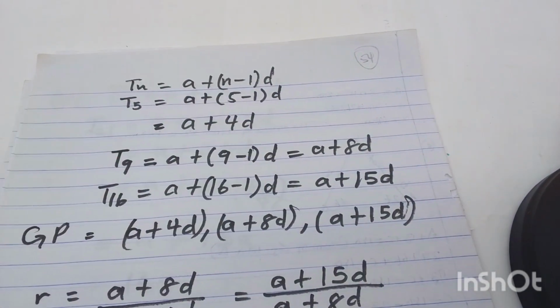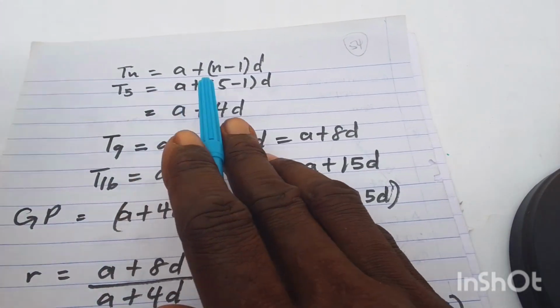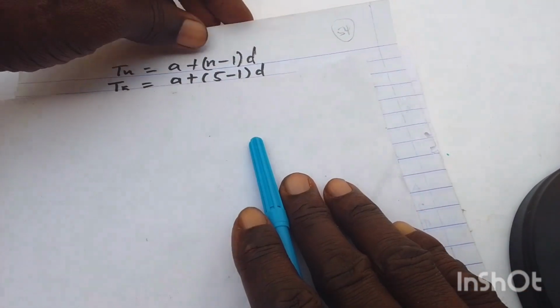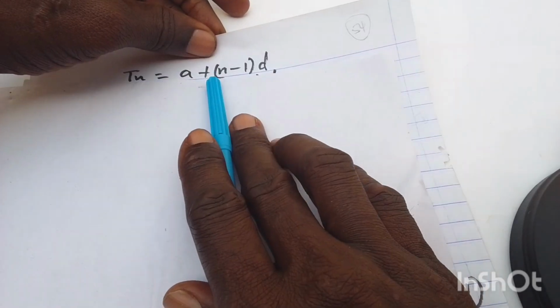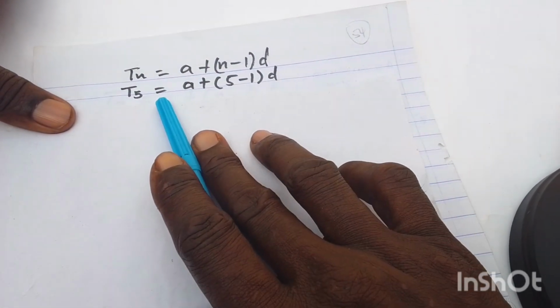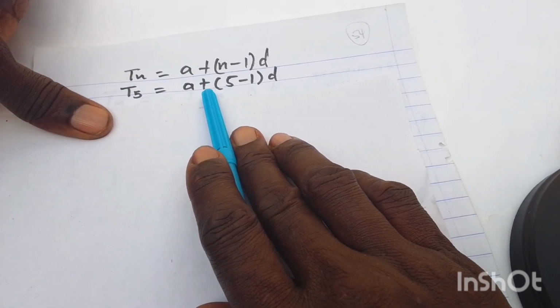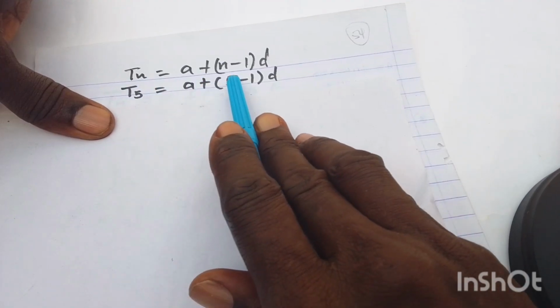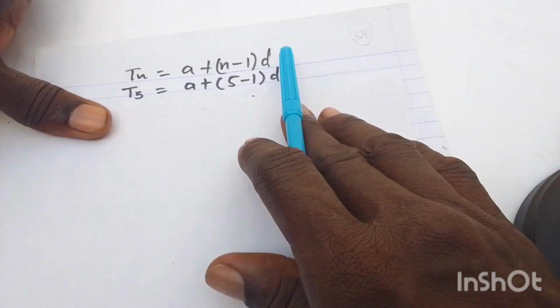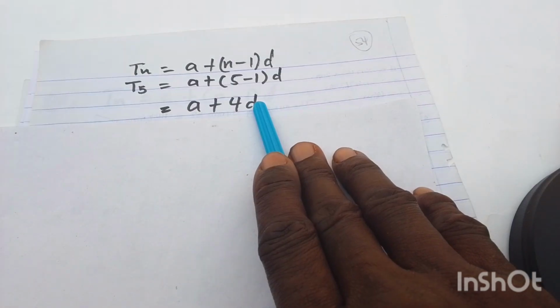Now for the AP, you are going to use the nth term formula, a plus n minus 1 d. We don't know the value of the fifth term, but we want an equation for it. The fifth term is a plus 5 minus 1 d, so a plus 4d is the fifth term.